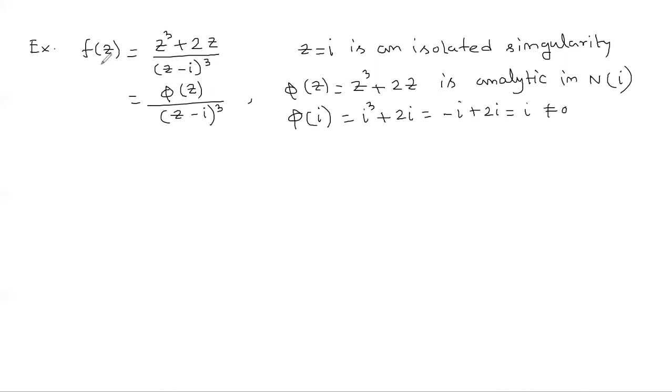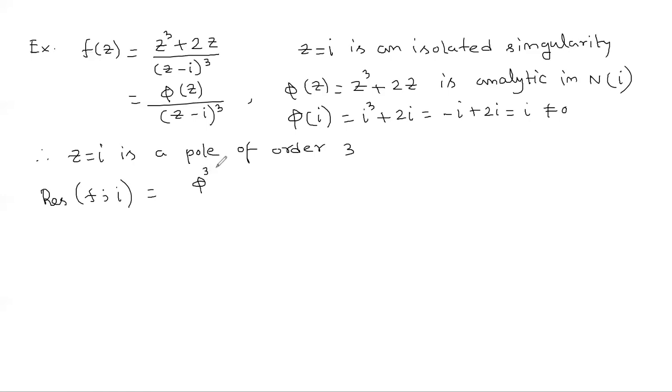So f(z) is having a pole at the point i of order 3. So z equal to i is a pole of order 3. So we can use technique 4 to evaluate residue of the function f at the point i, which is equal to phi^(n-1) order derivative.